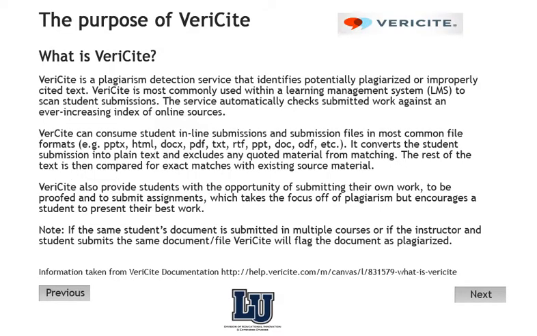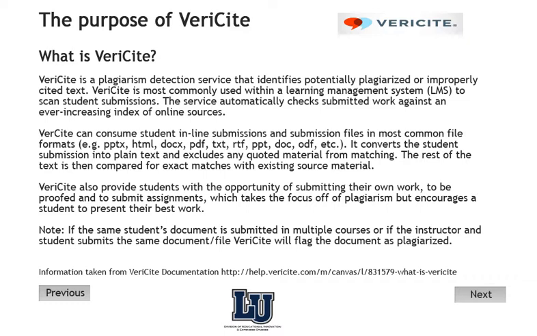What is VeriCite? VeriCite is a plagiarism detection service that identifies potentially plagiarized or improperly cited text. VeriCite is most commonly used within a learning management system, LMS, to scan student submissions. The source automatically checks submitted work against an ever-increasing index of online sources.